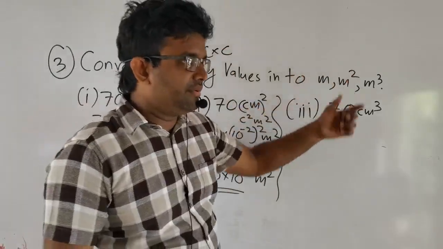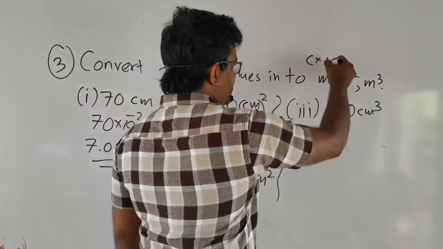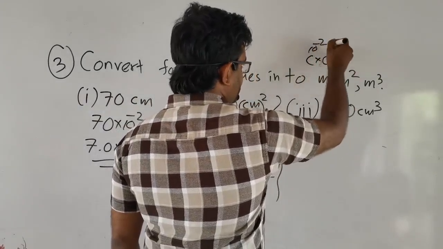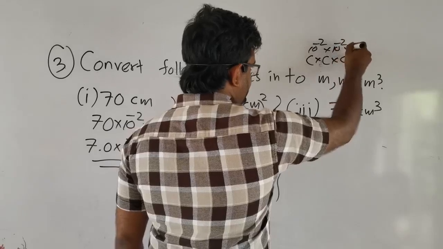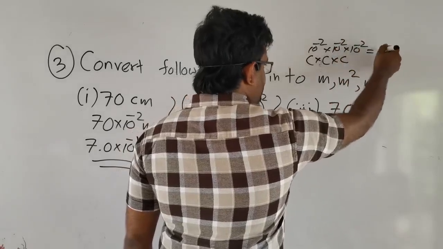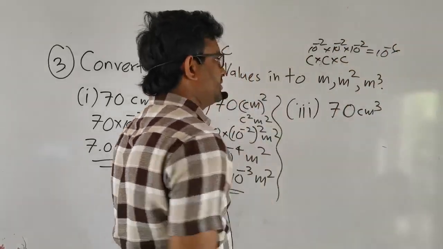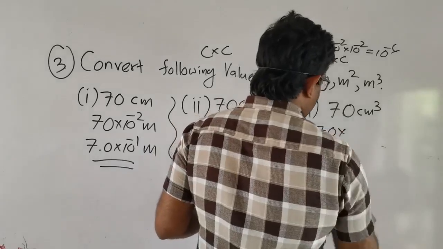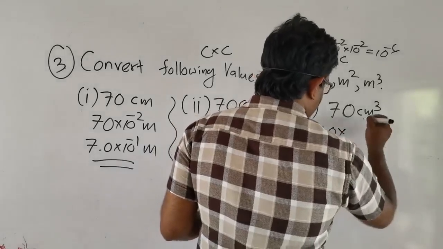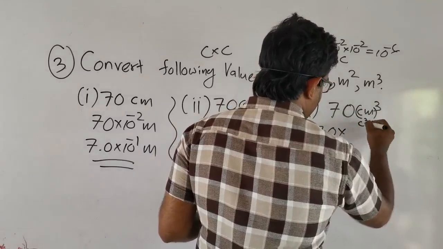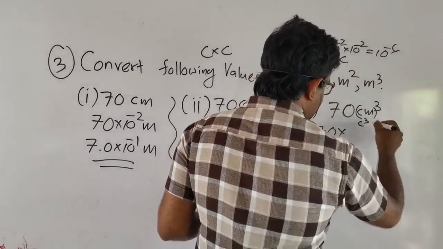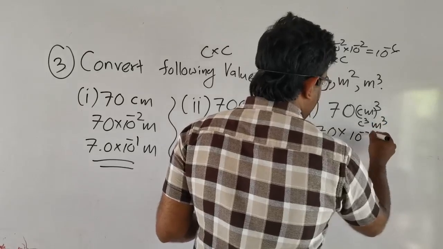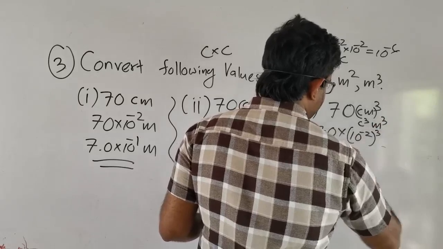Now cubic centimeters, that is centi into centi into centi, that means 10 to the power 2 into 10 to the power 2 into 10 to the power 2, that means 10 to the power 6, right? Then 70 into, we can write centi to the power 3 cubic meters, 10 to the power minus 2 into 3, right?